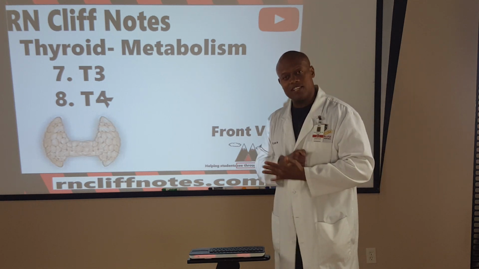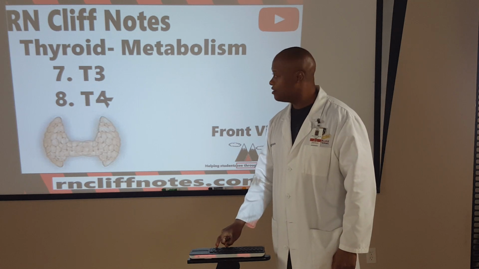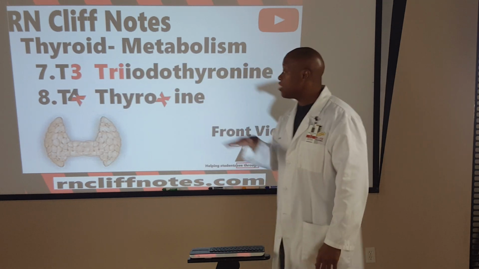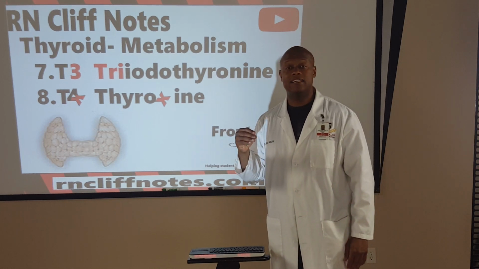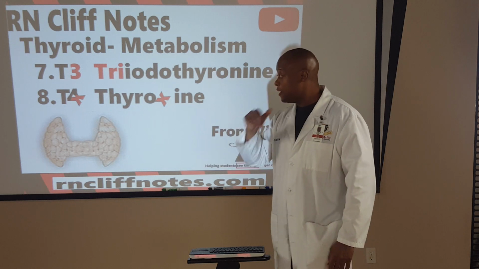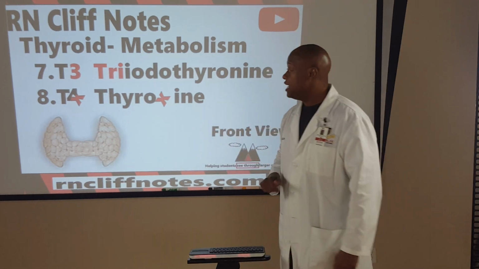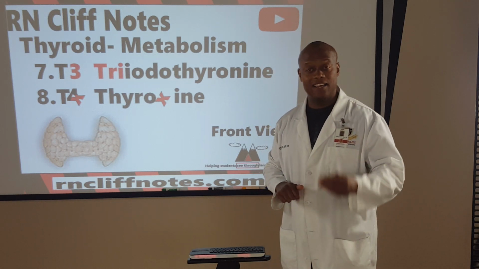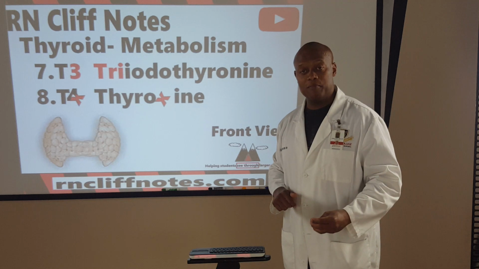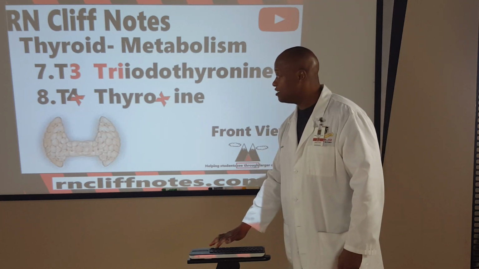Try to remember our study smart strategy, right? And you should have on your paper or your device, T3, right? What we said last time, triiodothyronine. Triiodothyronine, okay? Then, for T4, we showed you our little special way to remember that one, thyroxine. Yeah. So, these are your 2 primary hormones that get secreted from your thyroid, right? Good. All right.